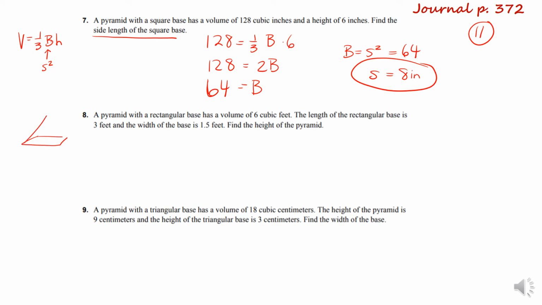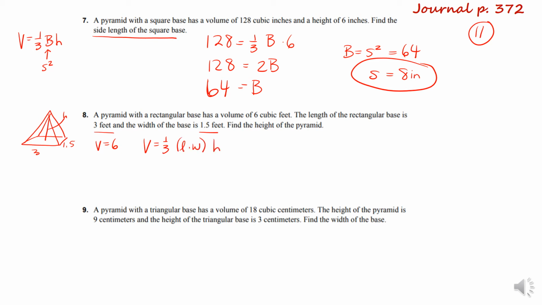Okay, so this one is a pyramid with a rectangular base. I want you to think about these things as we're developing them. They gave you the length and width of your base, 3 and 1.5, and they gave you volume equals 6, but they did not give you the h. So that's what we're looking for this time. So I know that volume equals 1/3 the big B, which is length times width, times height.